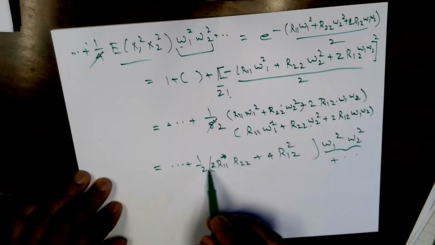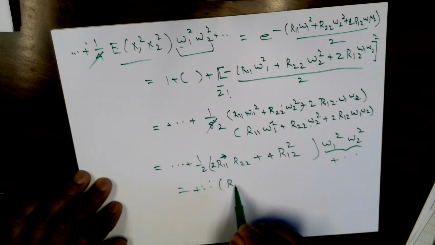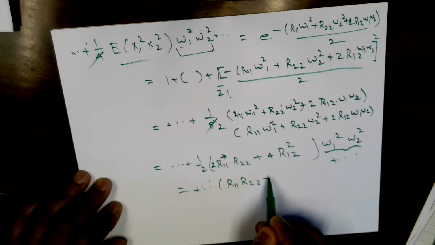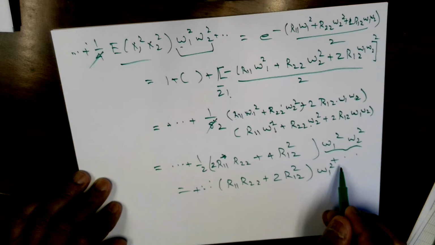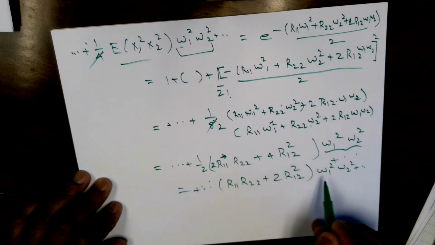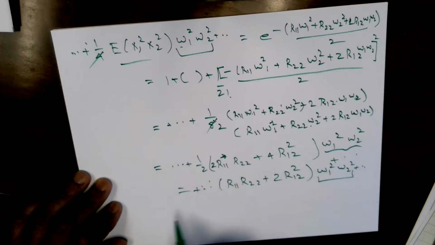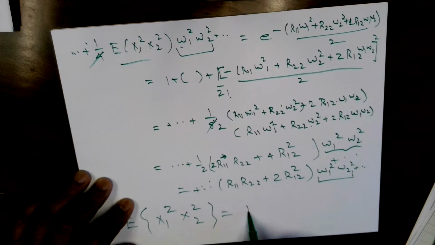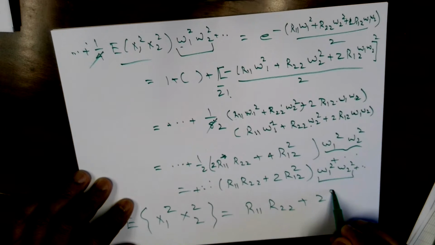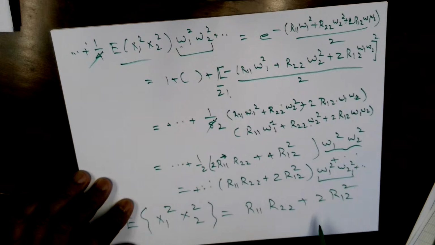This is equal to, so here 2 cancels. So this is all terms: r11 r22 plus 2 r12 squared, omega 1 squared, omega 2 squared. So we compare the coefficients of similar terms, giving us, if x and y are jointly Gaussian correlated, then this is r11 r22 plus 2 r12 squared.